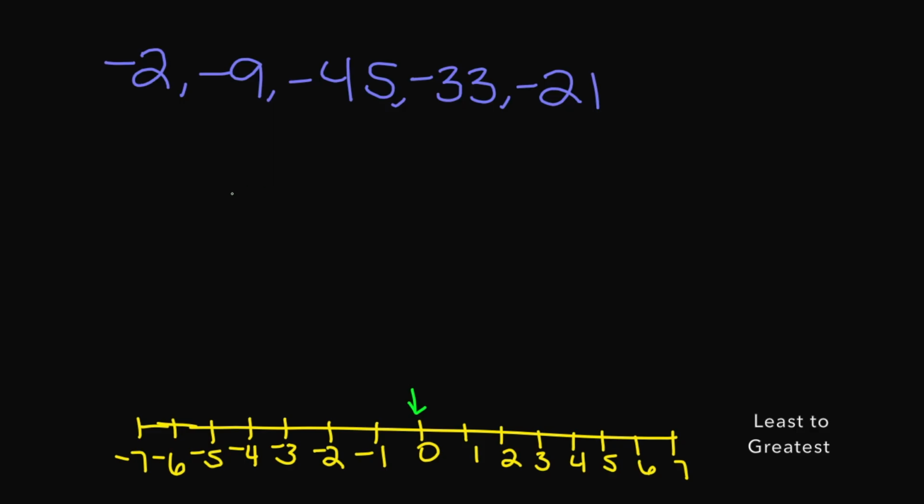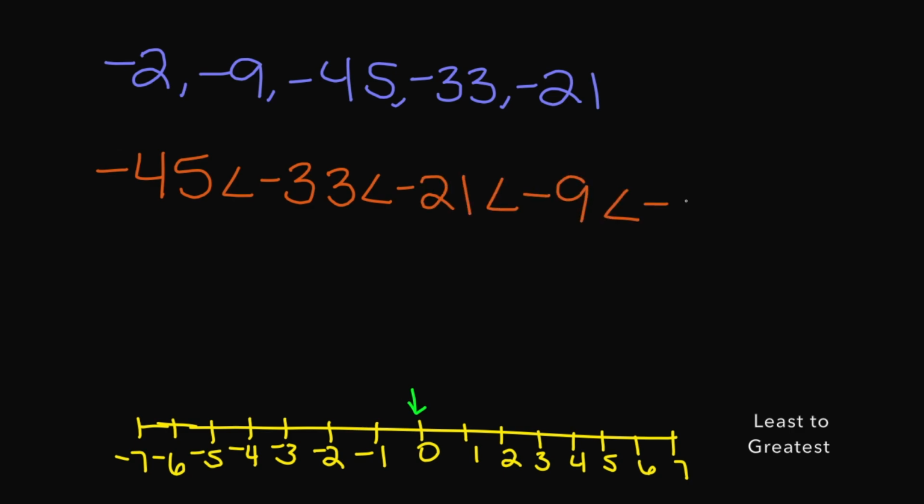Let's look at this example: -2, -9, -45, -33, and -21. The smallest number here is -45, which is less than -33, which is less than -21, which is less than -9, and less than -2. The largest number here is -2, and the smallest number in this group is -45.